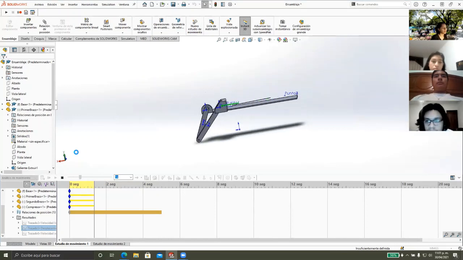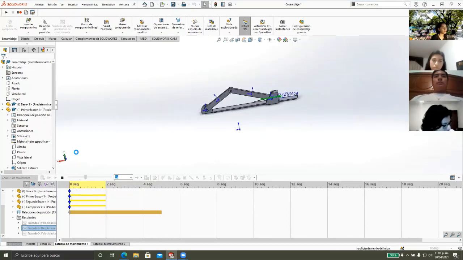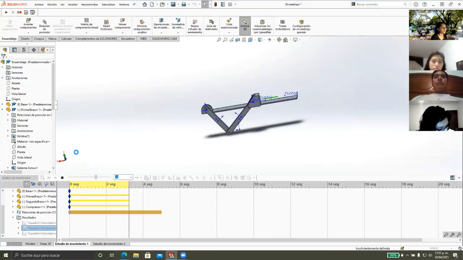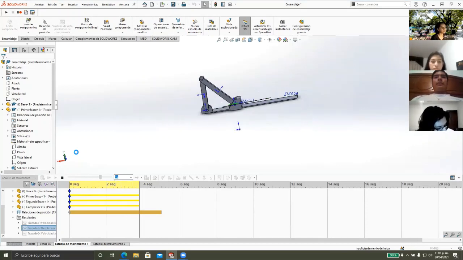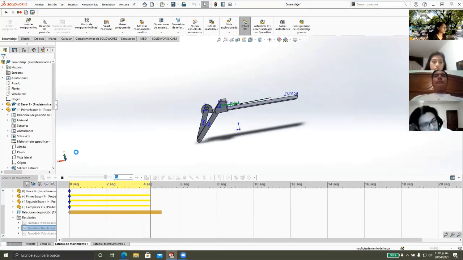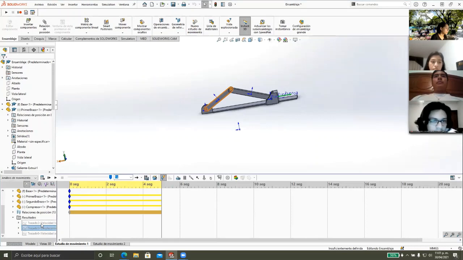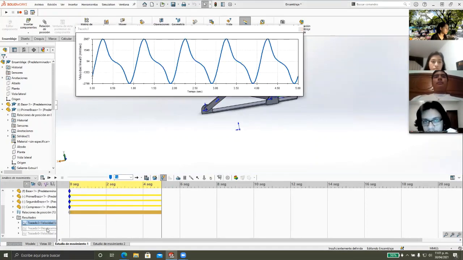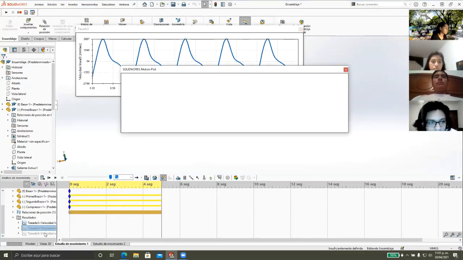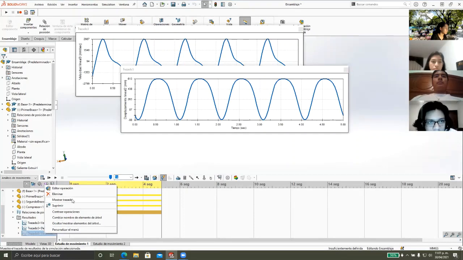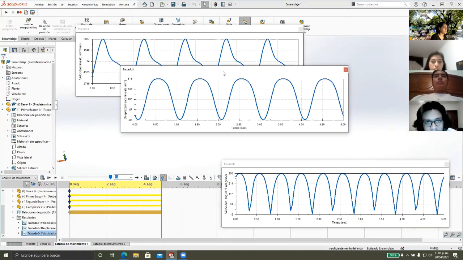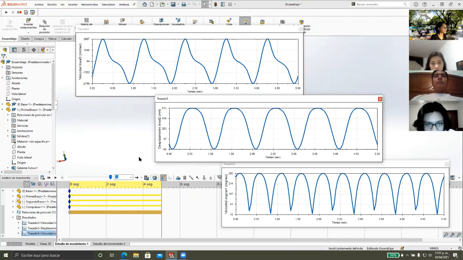We added about 3 points to our design, and we added a velocity vector and a distance vector so that we could watch the movement while it's being calculated. We now again ask the software to show us the graphs that we obtained. And this is the movement that our mechanism is doing in the motion study.